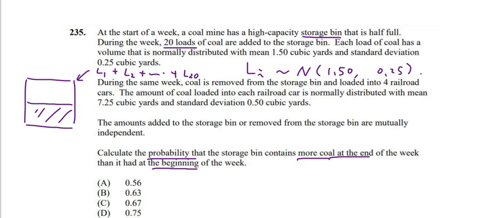And then here we remove from the storage bin. This load is removed by four railroad cars. So we can put this as car 1, car 2, car 3, car 4.